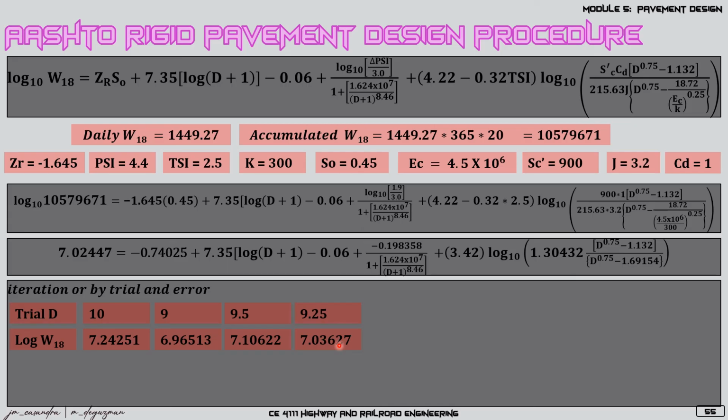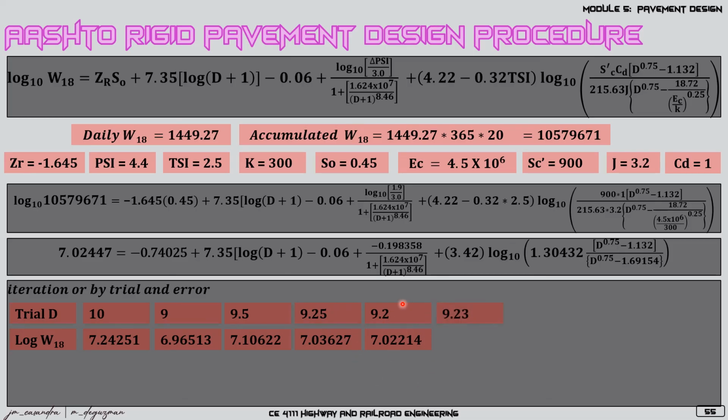So 7.02447 is between 9 and 9.25. So we could probably use a value of 9.2, which will give us 7.02214. So it's close, but not exact yet.